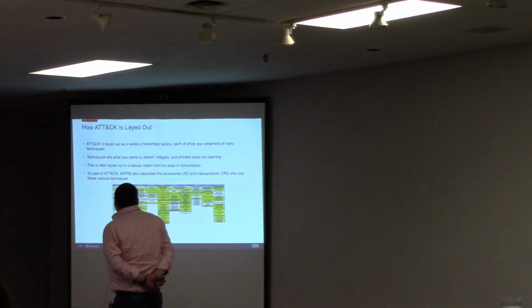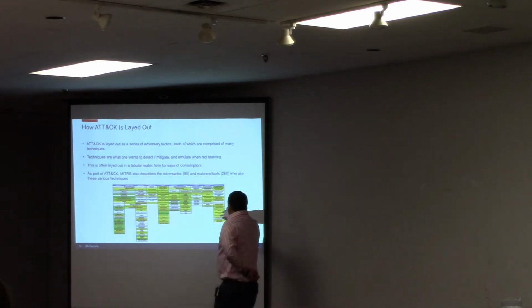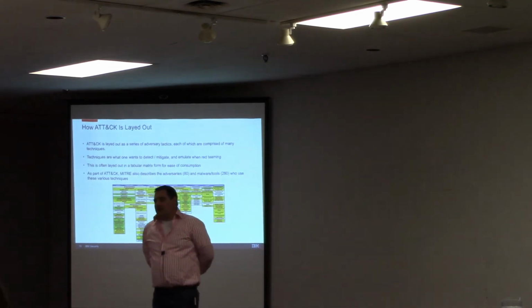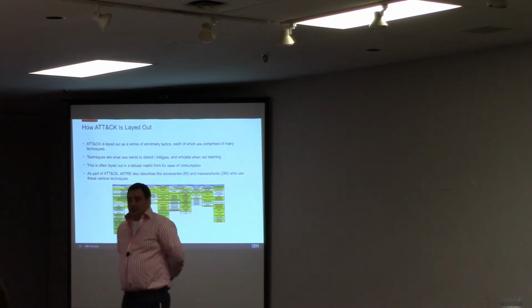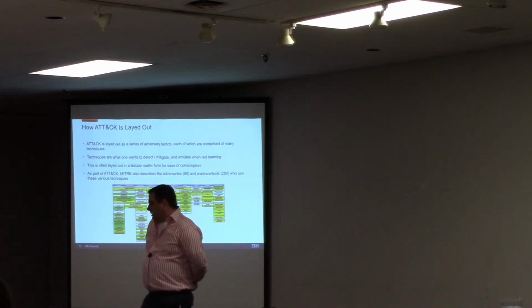And in this picture here, that's very fuzzy, every one of these table cells would be a technique. And those are the things that attackers use to get into your environment. And they're the things that you want to look for to try to catch those attackers and create alerts around.